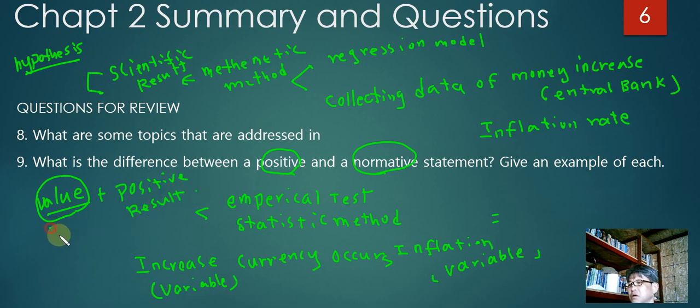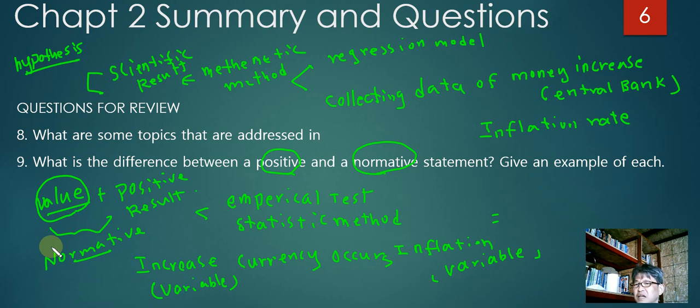Then we can reach the normative. Okay, normative. Even though we have impressions, we have to increase the wage of labor.